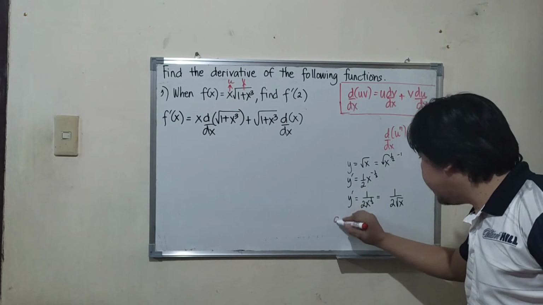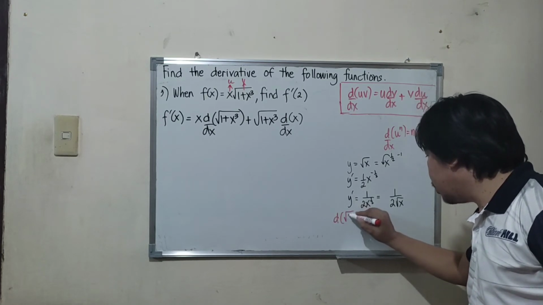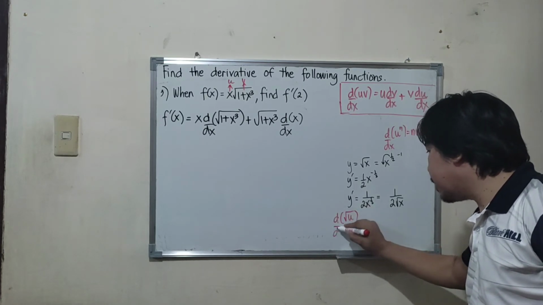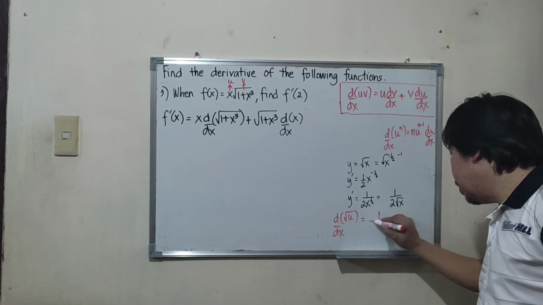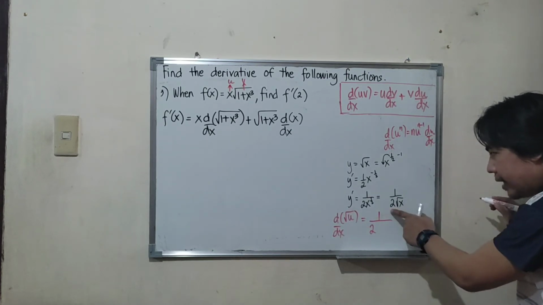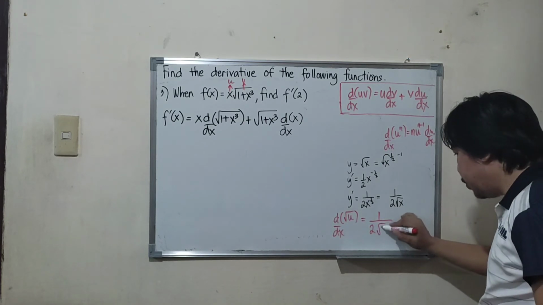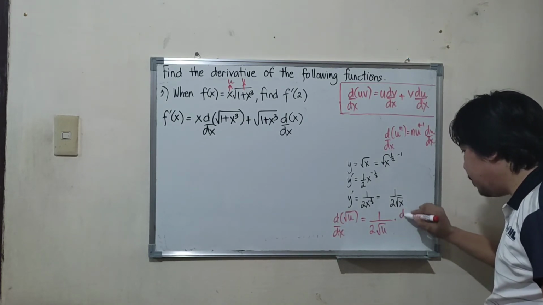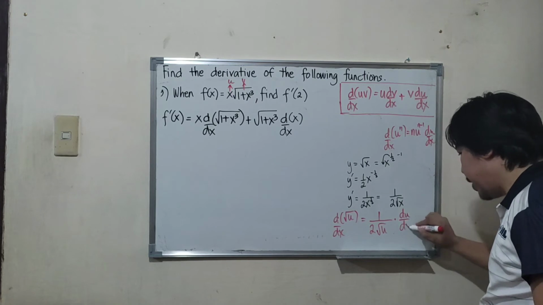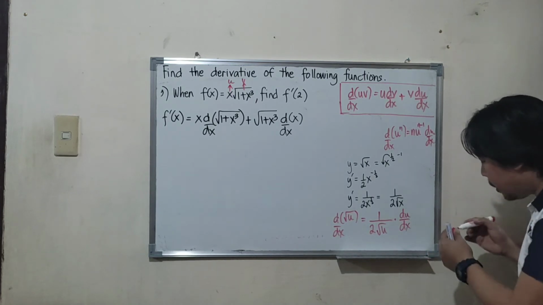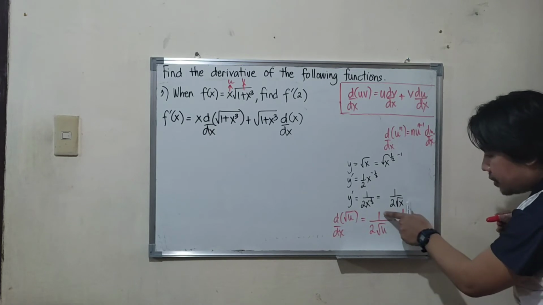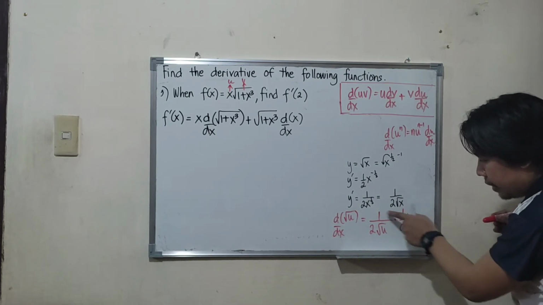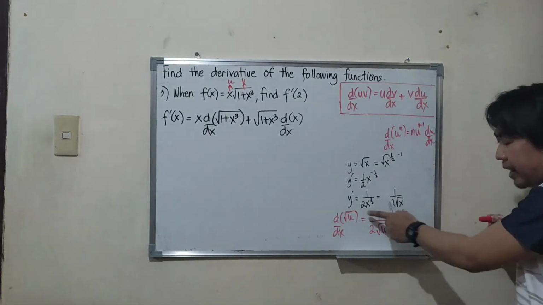So we have derivative of square root of u with respect to x. The formula for this is 1 over 2 square root of u times derivative of u with respect to x. Or we can put the derivative of u with respect to x in the numerator, since parehas lang yun.